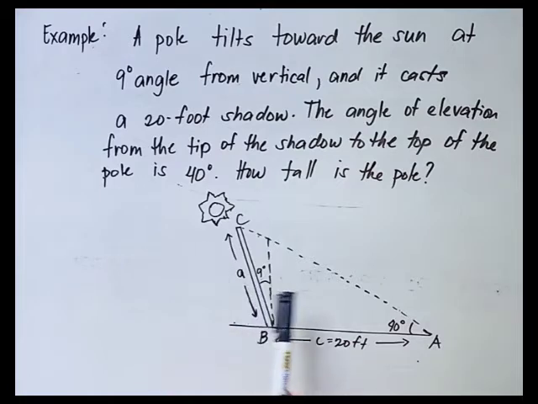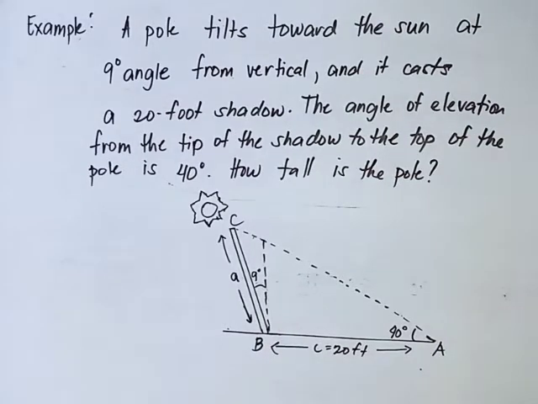So we are just going to focus on this triangle. But how can we find the height of this pole if the given is just the angle and a side adjacent to it and the other angle from the other triangle?